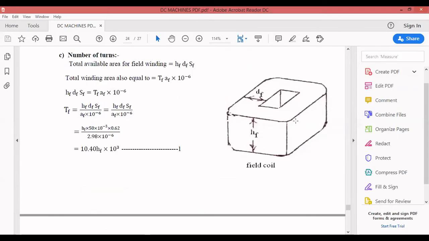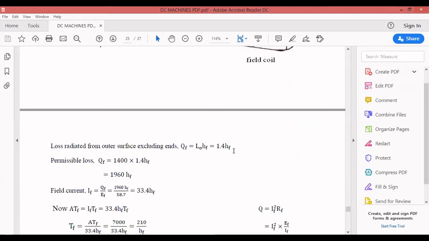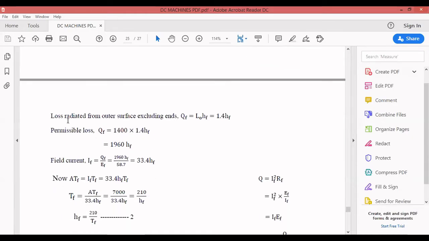I repeat once again: L0 is the length of mean turn of the outer turn of the field winding, into HF. L0 is given in the problem as 1.4, so 1.4 into HF. So the loss radiated from the outer surface excluding ends, QF, the permissible loss, is equal to 1.4 HF.